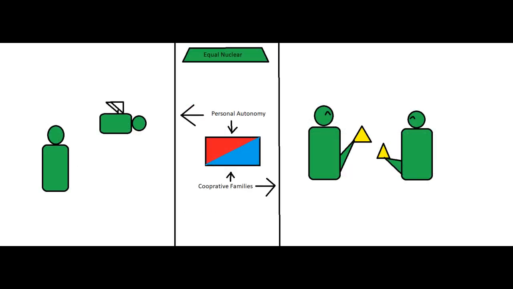So moving on, let's go to equal nuclear. Alright, so equal nuclear is a nuclear familial system, which means it's going to be characterized by very high personal autonomy in terms of younger family members. It's also characterized, because it's the equal part, by a cooperative internal familial structure. So the inside of the family is more cooperative.